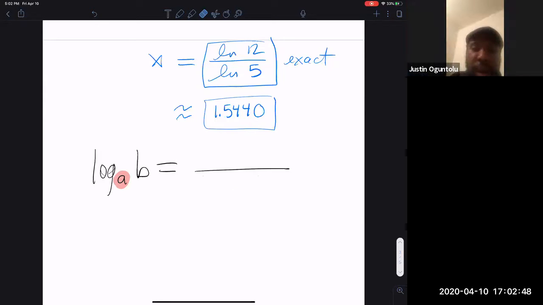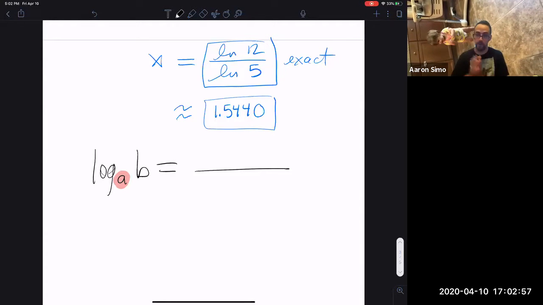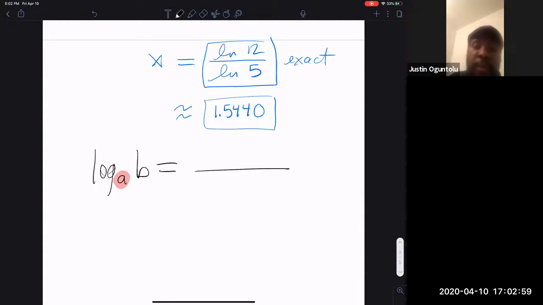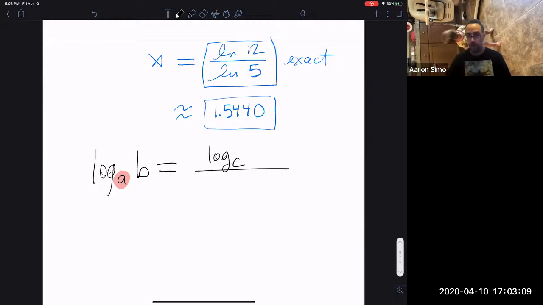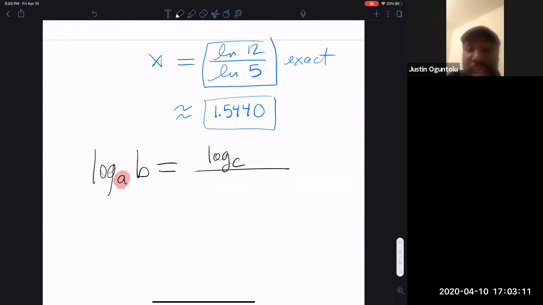Okay, so it's still log base A of B equals. The base is A right now, so you have to change it. On the right side, I'd put log base C of B.